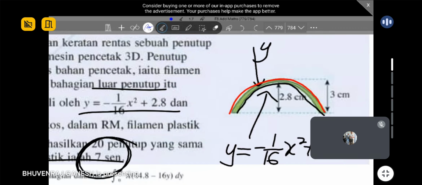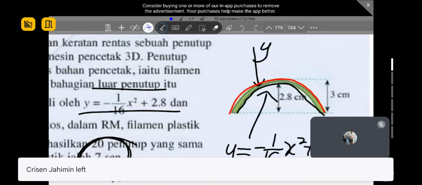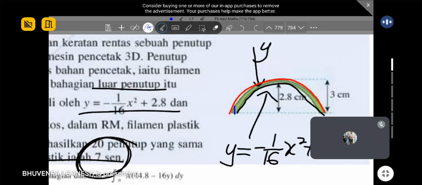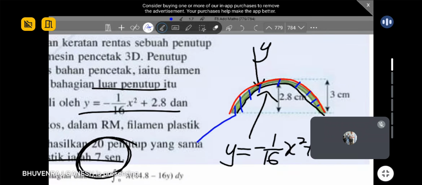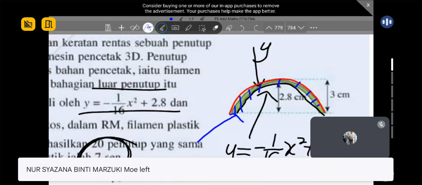Kawasan mana mewakili plastic filament? It should be the green one, am I right, guys? This green one is your plastic filament, at the middle over there. Can you all see it? So how should I find this volume? Can anyone tell me what will be the concept to get that volume in the middle?